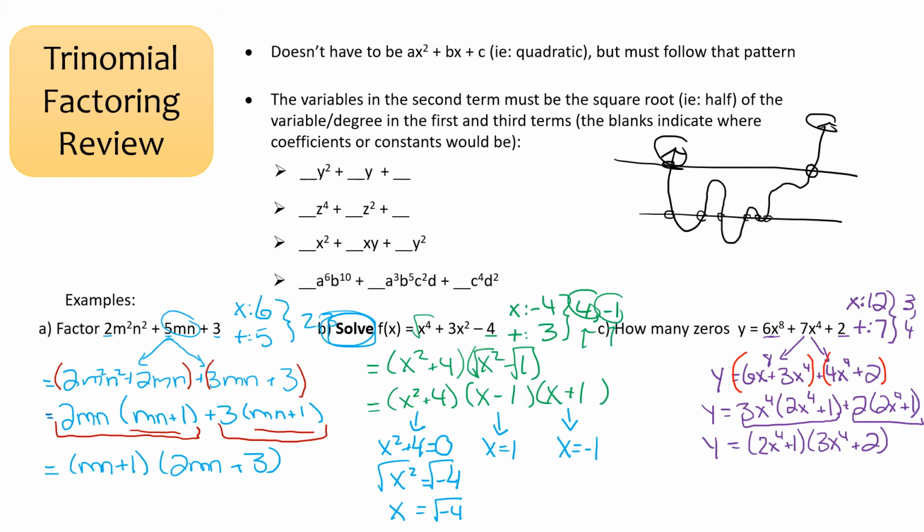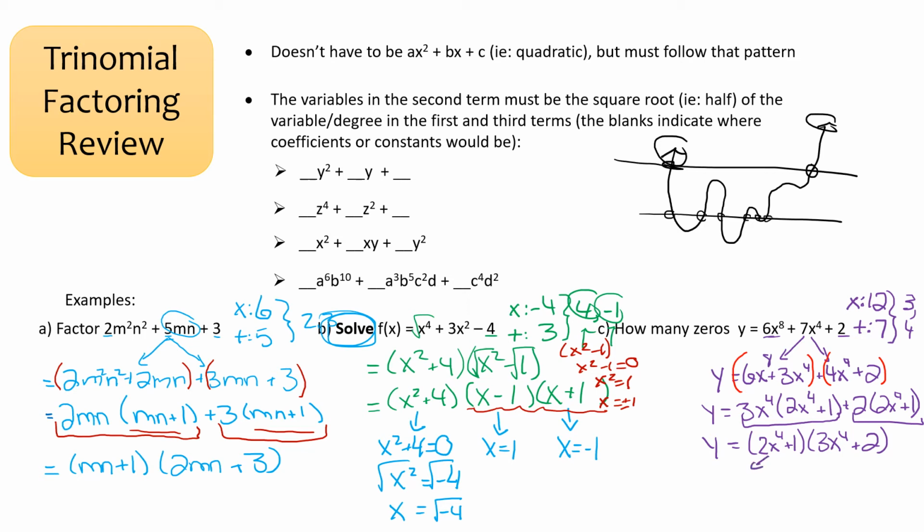I could have taken that bracket of x squared minus 1, and instead of doing difference of squares, which is what I did, I could have taken that x squared minus 1 and just gone ahead and done x squared minus 1 equals 0, bring the 1 over, and then the square root gives me x equals plus or minus 1. So once you have a binomial, you don't really usually have to worry about factoring any further if you've got a constant term in that binomial. So let's just go to that step here.